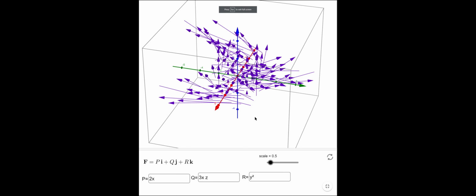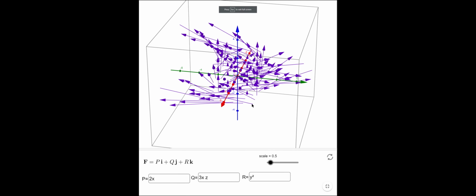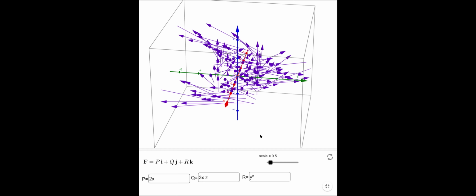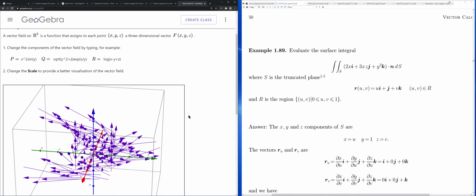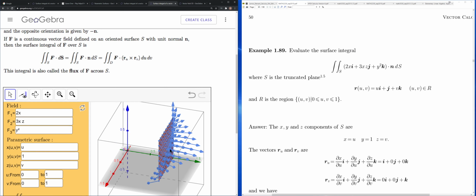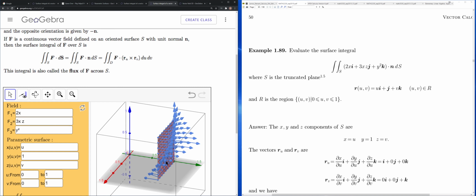At each point in three-dimensional space, you're going to have a velocity vector for the fluid at that point. So this vector field describes the velocity of fluid flow. Going back to this picture here.